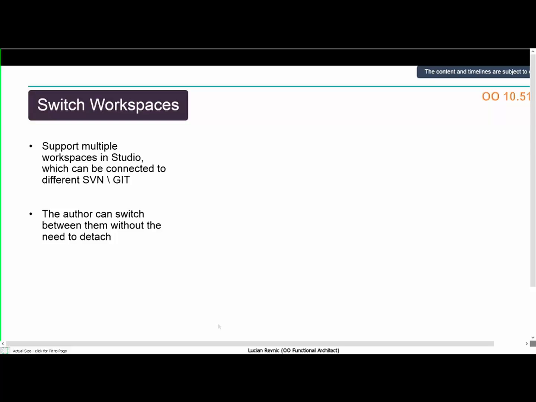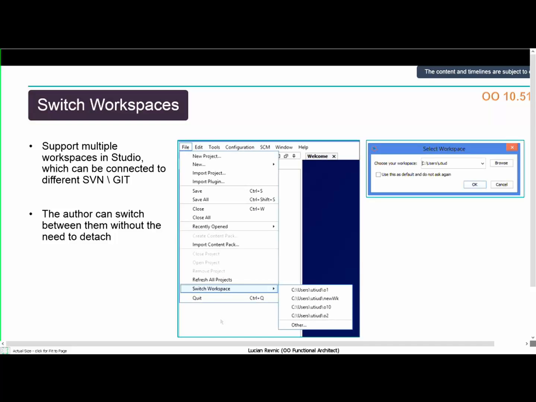Before 1051, all the projects and content packs were in just one workspace located in the user's folder. So starting from 1051, the user has the ability to switch between workspaces using a menu item that we added in the file menu, and also to remember the last workspaces that were used.